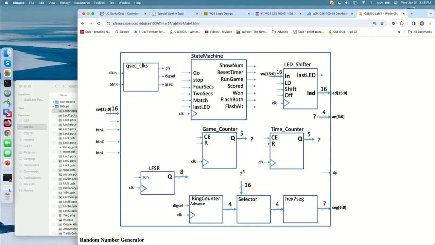And you can see here's a suggested design of what it's going to look like. You're going to have a state machine, and then you're going to have some other components. These look familiar to you. And then these two are kind of new, and these are 5-bit counters, which you already have, right? Okay, and so the big thing, of course, is the state machine that's going to make all of these things do the right thing at the right time and cooperate.